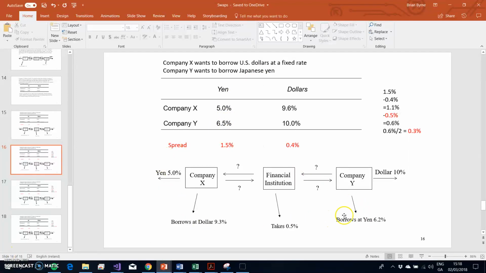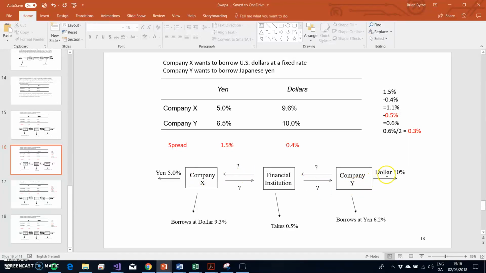Okay, so these are the outcomes we want to engineer for the two counterparties: savings of 0.3 on the most competitive rates available in the market, and we want to deliver to the financial institution 0.5%. In structuring the currency swap, and this is a currency swap given that the rates are not denominated in the same currency, it's fairly clear what the next step is. The swap has to be structured in order to remove currency risk from the counterparties.